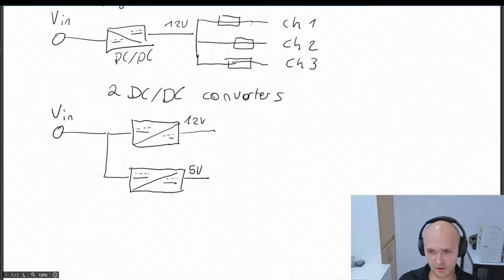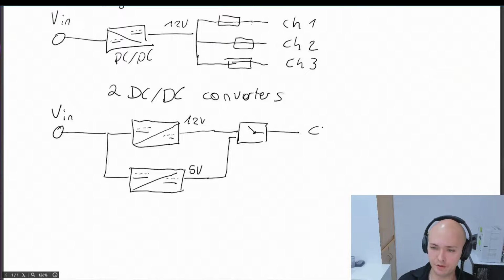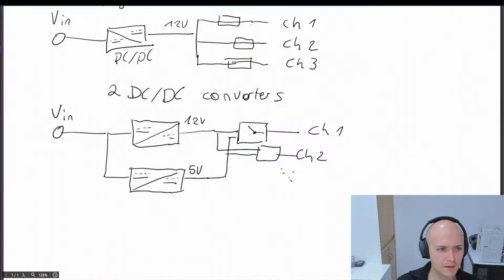Of course, for every channel, you would have a selector MOSFET to change between the 5 and the 12 volts. So it would look like something like this. When you have some sort of switch, and then we go to channel 1 and channel 2, and so on and so on.